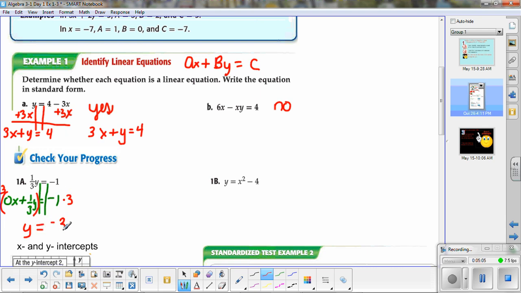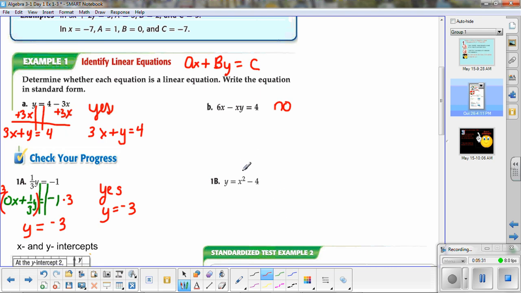So this one is linear because it's really 0x plus y equals -3. So that's going to be a straight line. And the standard form is just y equals -3. It's okay that c is negative. This can be negative. The only thing that can't be negative in standard form is the number in front of x.